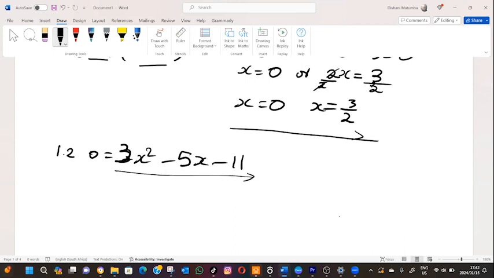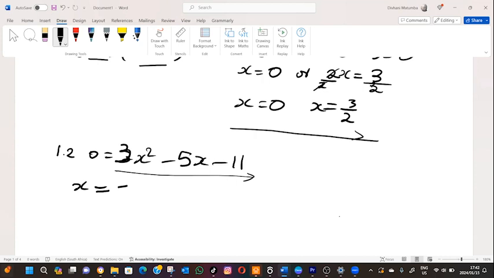So I would advise you as a grade 12 learner to not even bother trying to work out factors using your head. You just have to use the quadratic formula. Then you will be able to solve these quadratic equations properly.